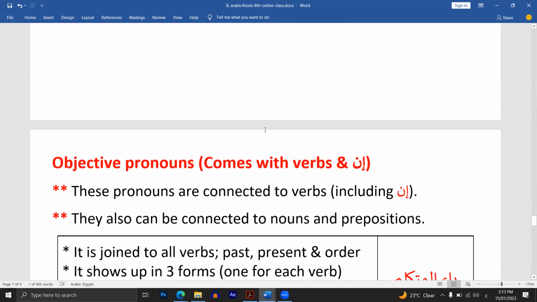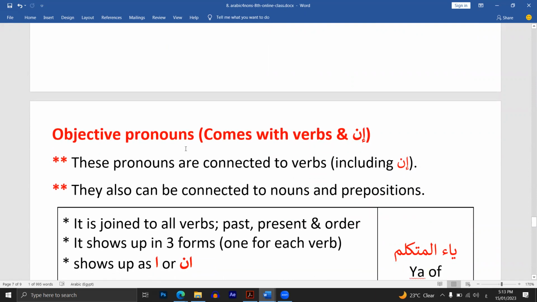If we want to proceed to the second type of connected pronouns, we have objective pronouns. These objective pronouns will come with verbs or with inna. And this time, these objective pronouns can also be connected to nouns or prepositions. So this is the main difference between subjective and objective pronouns.